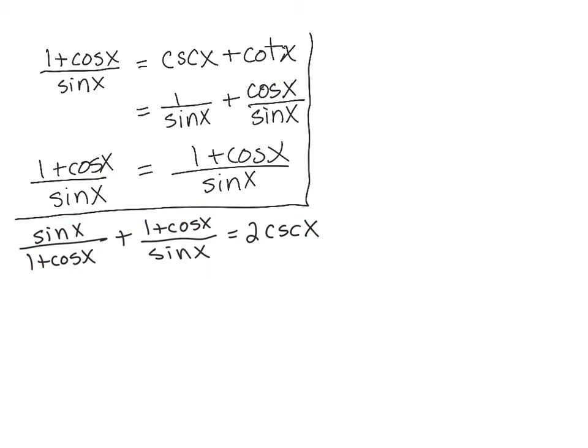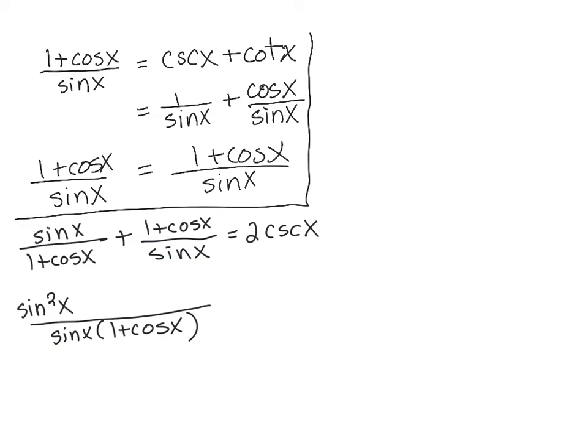And what can I do to 1 over sine, right? So on this side, I'm going to get a common denominator. My common denominator is just going to be sine times 1 plus cosine. No other choice. So the first fraction is sine that was here times this sine.